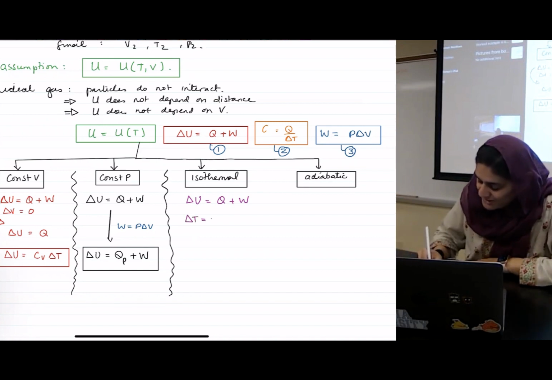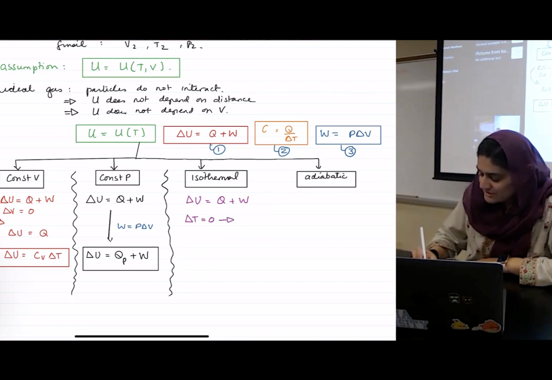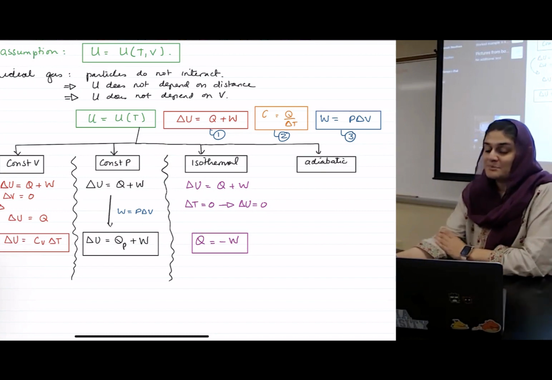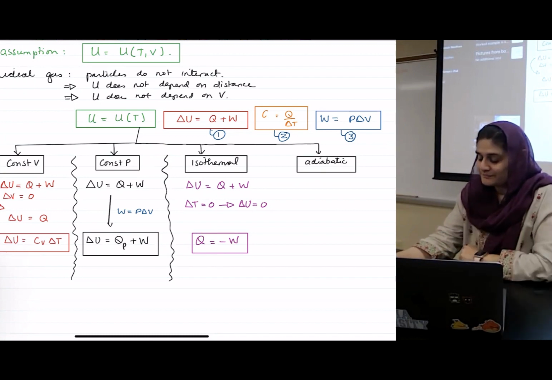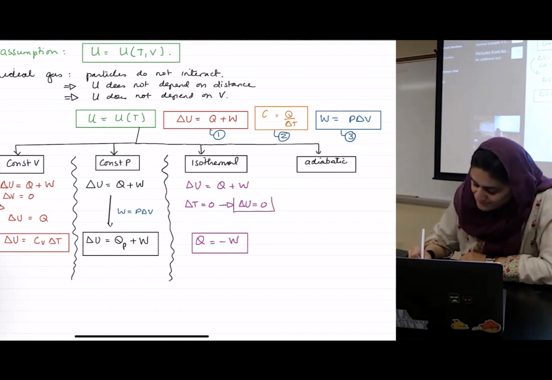Delta T doesn't change, isothermal, which means delta U doesn't change, which means this equation is left with Q equals minus W. Oh, and then internal energy will become that.